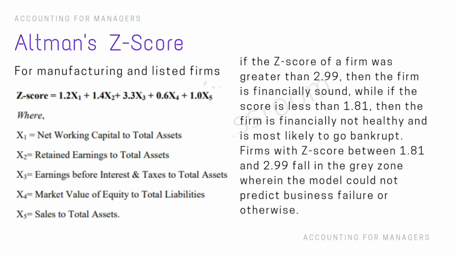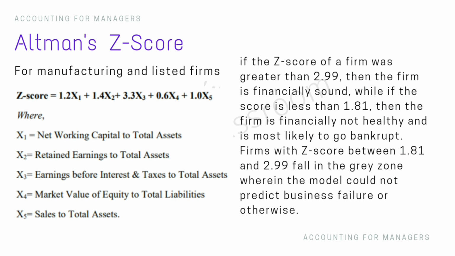According to Edward Altman, for a firm which is operating in the manufacturing area, or listed firms, the Z-score formula is given like this: 1.2 times x1 plus 1.4 times x2 plus 3.3 times x3 plus 0.6 times x4 plus 1 times x5.